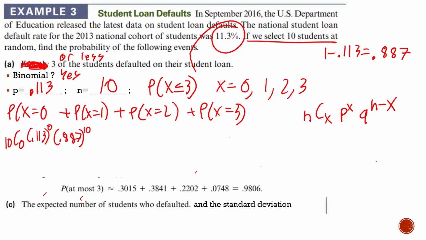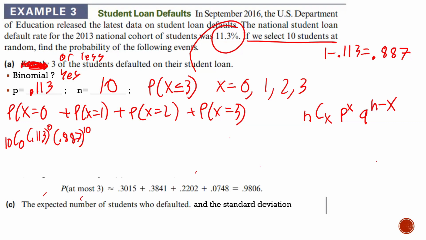X in this case is equal to 0, so I just plugged 0 in for x into this formula. Q is 1 minus p. If 11.3% default, 88.7% do not.